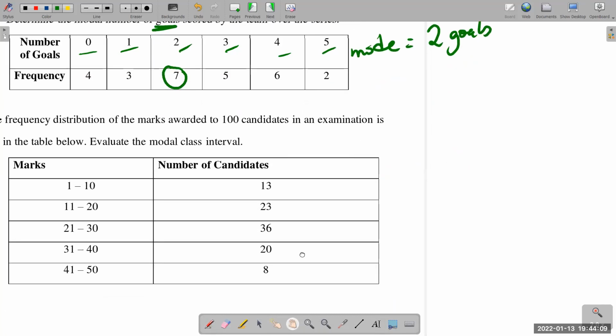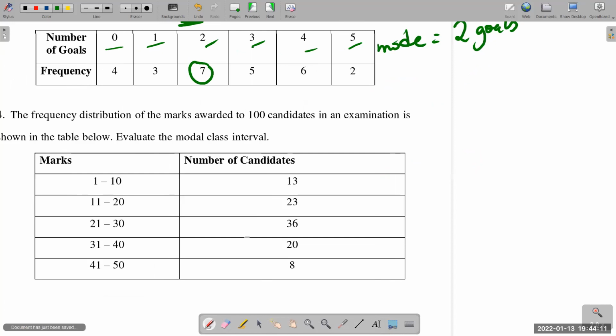So let's go. I didn't teach you this, but which one is the modal class? Which one is the modal class interval? This is now us using our thinking. Which one would you say is the modal class interval?